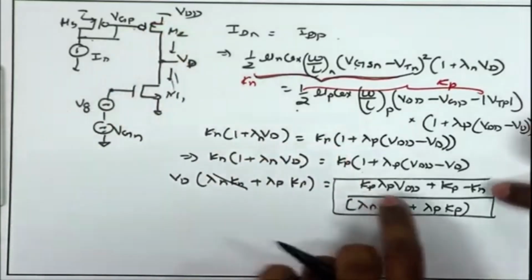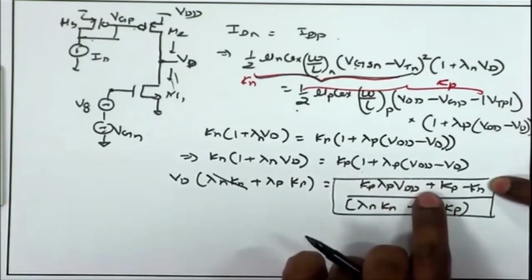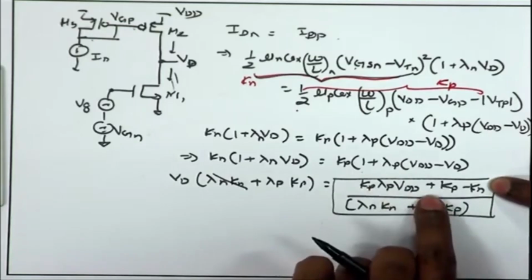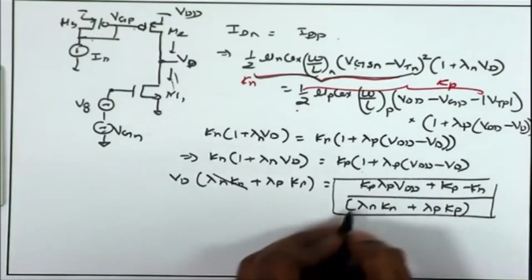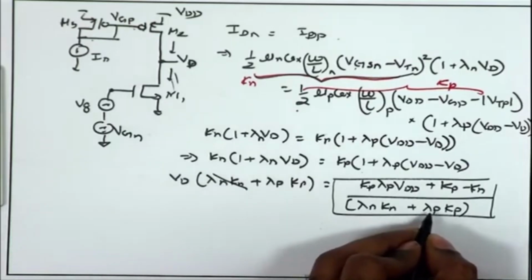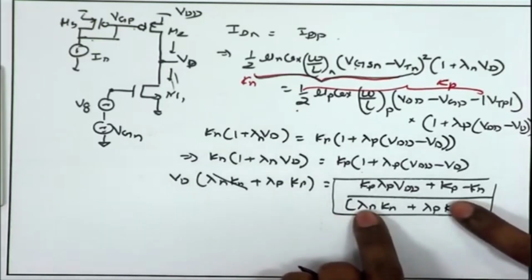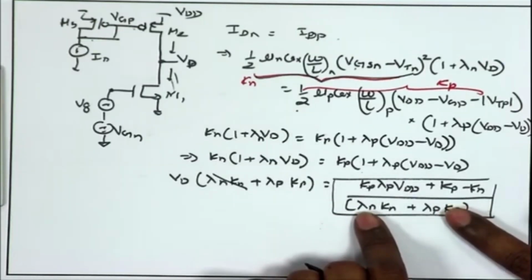Therefore, in this case, the ratio Kp upon Kn, we cannot ensure a good, stable value. It will depend upon the process parameters and the variations. On top of that, we have lambda n and lambda p directly coming in the denominator. So, this whole thing is scaled by lambda n and lambda p, which is once again highly process dependent. It can vary very significantly from device to device.